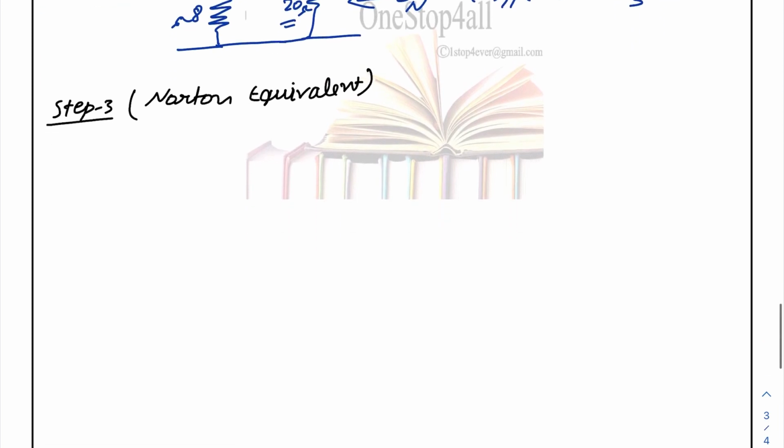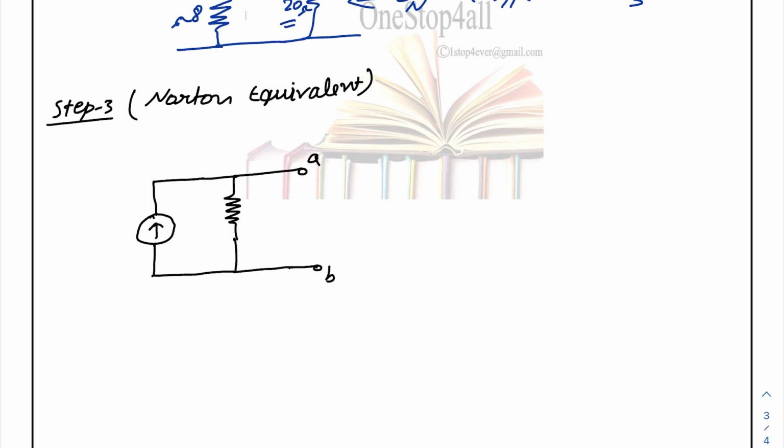The Norton equivalent is this one: there is one current source like this, and one parallel resistance, across terminals A and B. This is your IN, and this is your Z equivalent, or we can write ZN. So this is nothing but your Norton equivalent, because it is the final step.